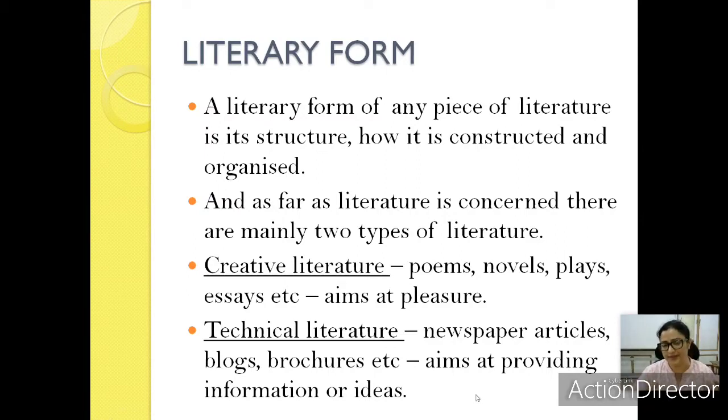So you can understand the basic difference between creative literature and technical literature. All our literary forms and genres fall into the category of creative literature, and that is what we will dwell upon in this lecture.